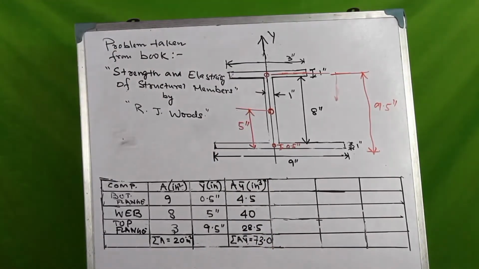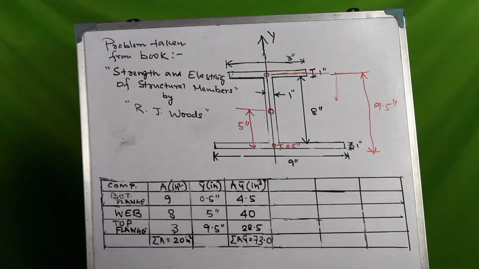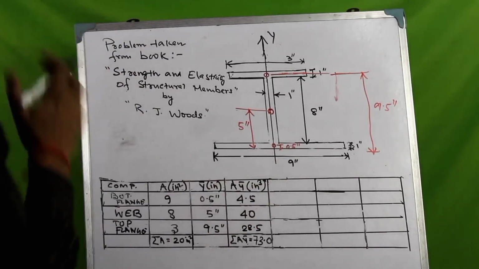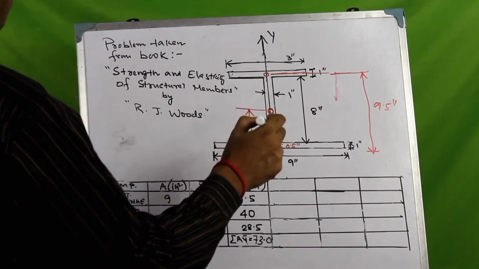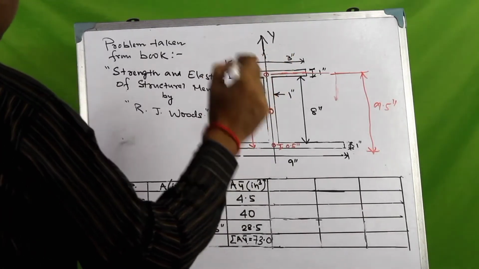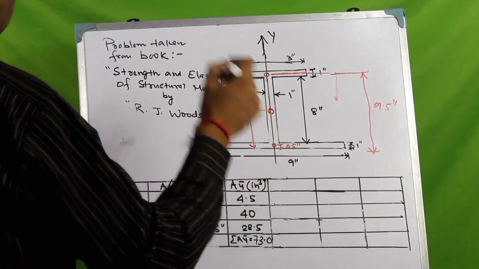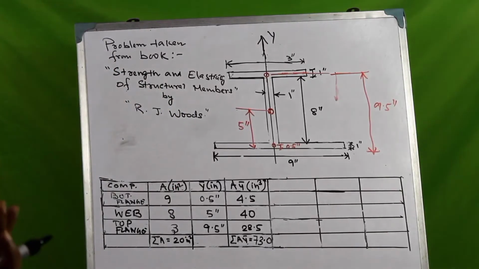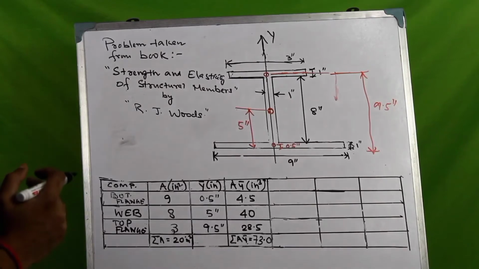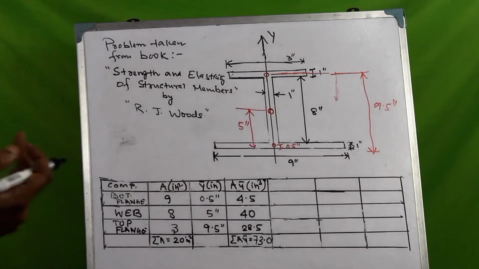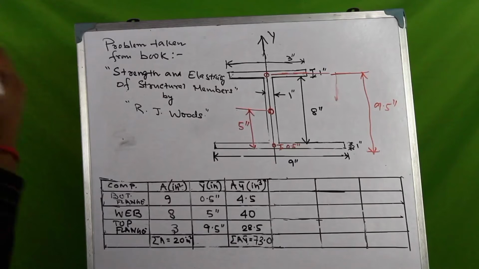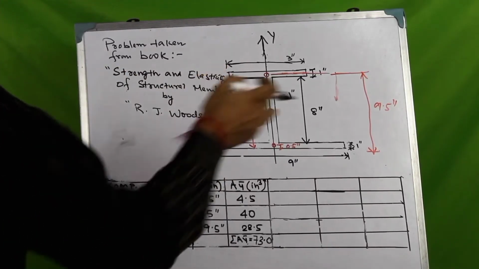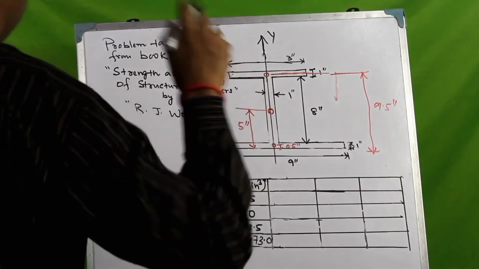Now, there is an important principle that you need to know. The summation of the products of all the individual areas multiplied by the respective distance from any point will be the product of the total area into the distance of the centroid from that same point.